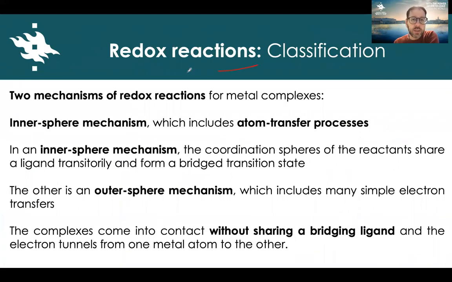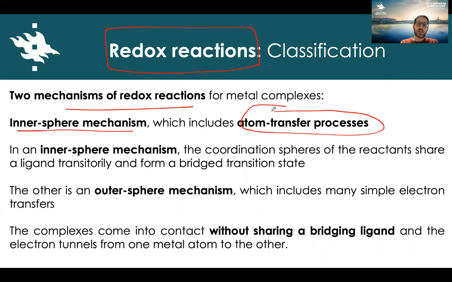And so this was for ligand substitution reactions. When we are talking about redox reactions, which are reactions in which there is electron transfer between two different complexes, we can have two main mechanisms. The inner sphere mechanism includes processes involving the transfer of atoms.